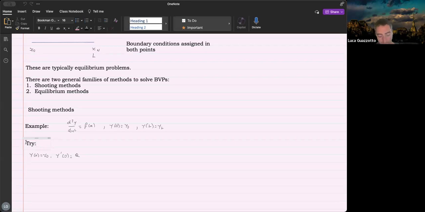I can define a function z of x. Let me write that again for the sake of beauty. Okay, I can define a function z of x equal to y prime of x. This is a definition.